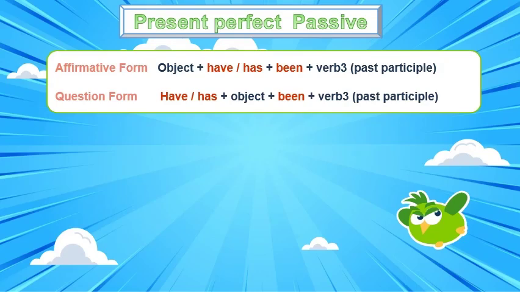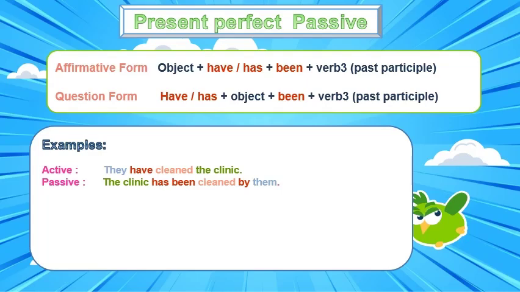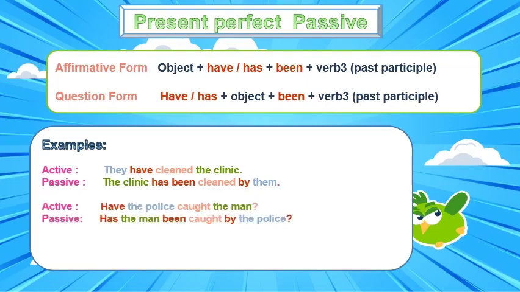So let's see some examples. They have cleaned the clinic. Where is the object? The clinic. Singular or plural? Singular. So it will take has been cleaned by them. Number two, have the police caught the man? Here it is a question, so I will start with has or have.